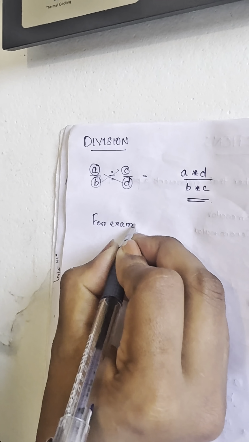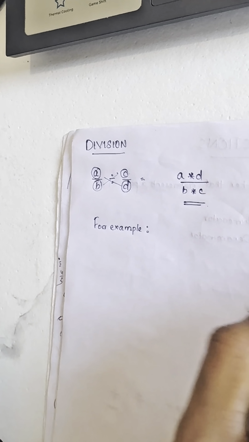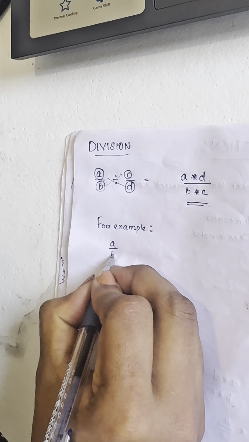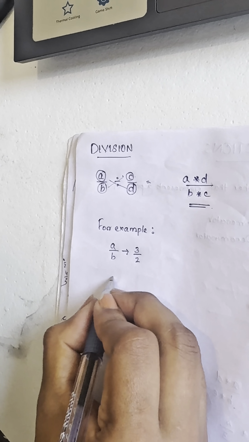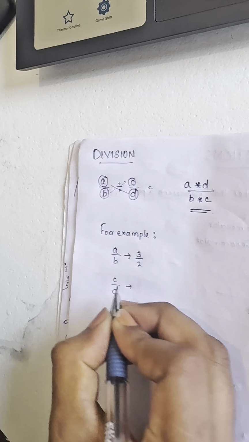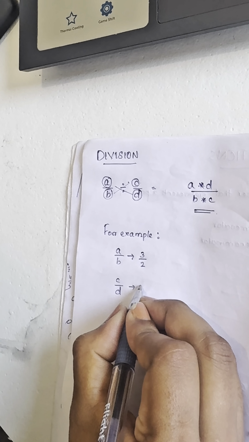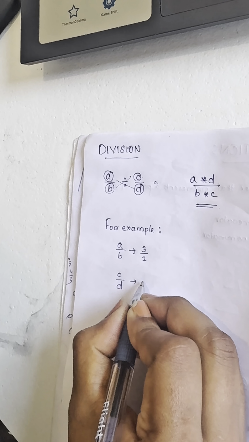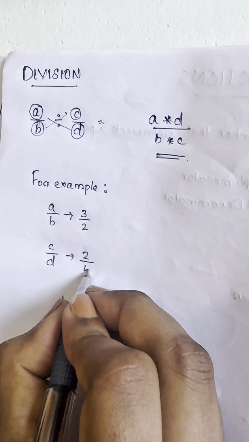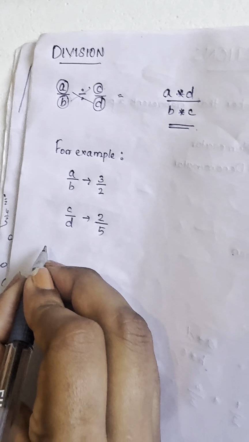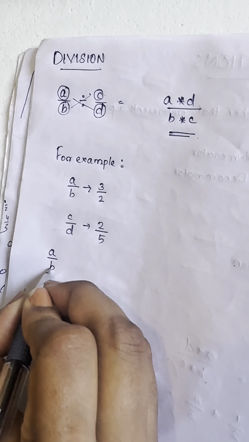So for example, we can take a by b, the first fraction, as 3 by 2, and c by d, the second fraction, as 2 by 5. So these are the two fractions that we are going to divide.